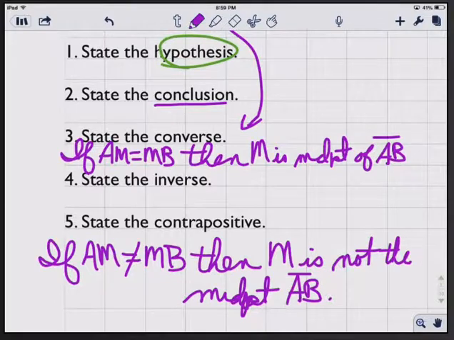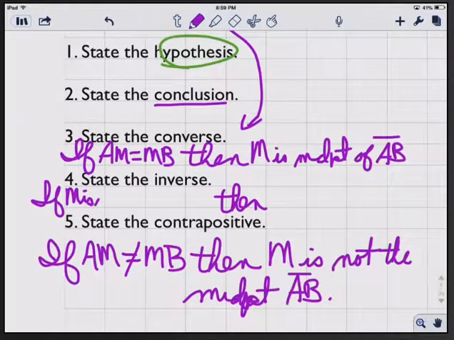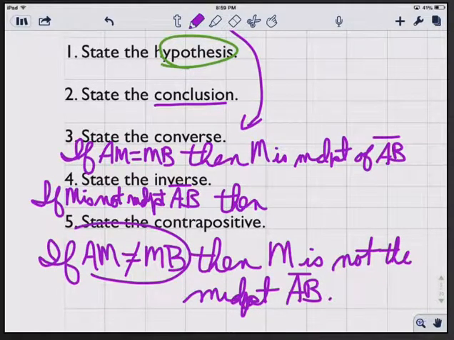Then I like to go back to the inverse, another if-then statement. But the inverse is the converse of the contrapositive. So we're going to say if M is not the midpoint of segment AB, then we need to negate the original hypothesis, and that becomes the conclusion.